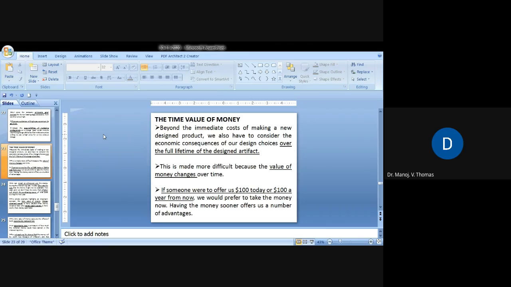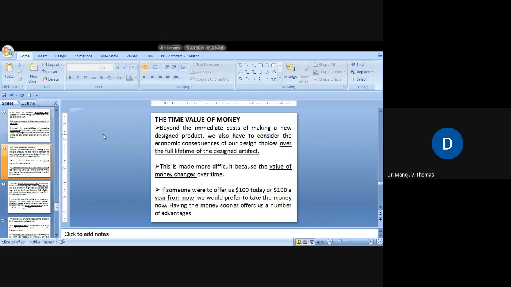Now, one last aspect of economics of design is the time value of money. In one of the initial slides we mentioned that economics in design includes the cost involved in the manufacturing process, and also the lifespan of the product is considered. What do we mean by that?